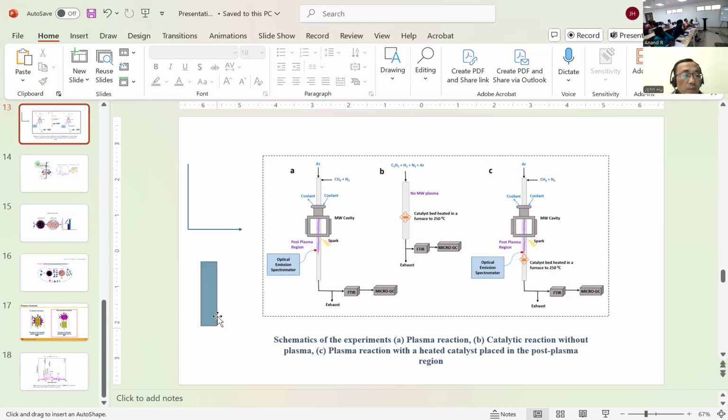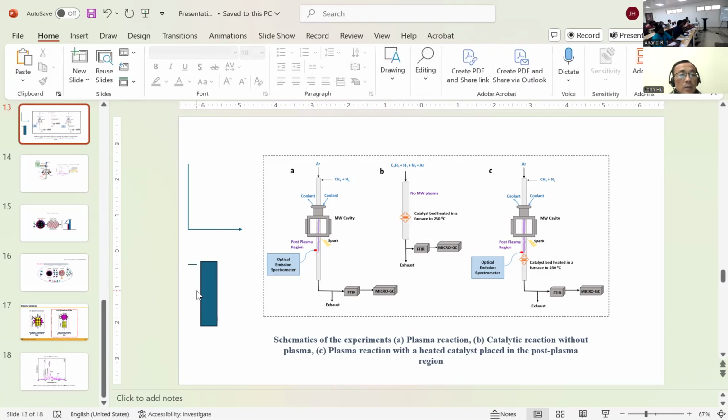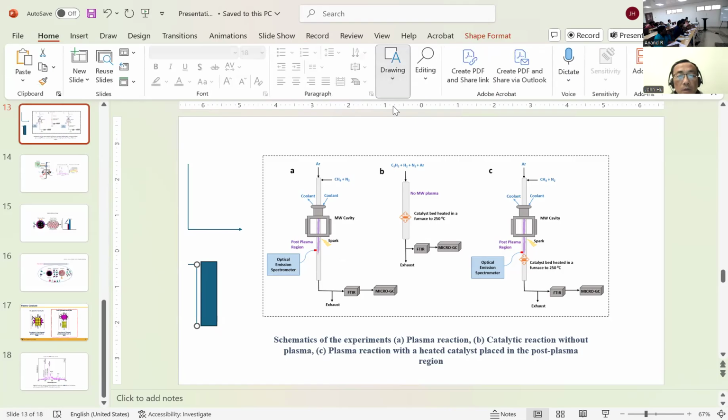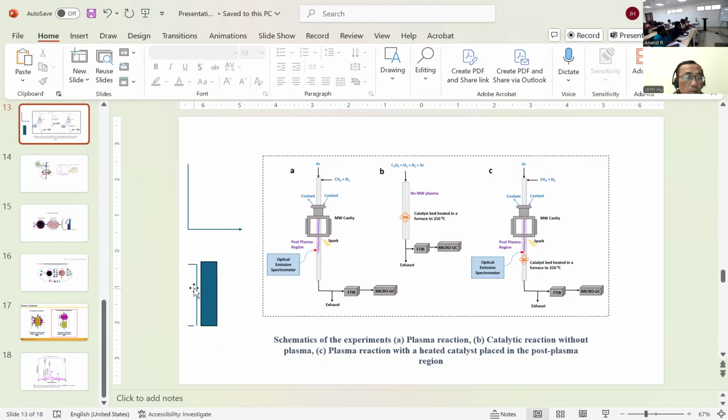So you have the fixed bed reactor, and then this is called resistive heating. This symbol represents the furnace.